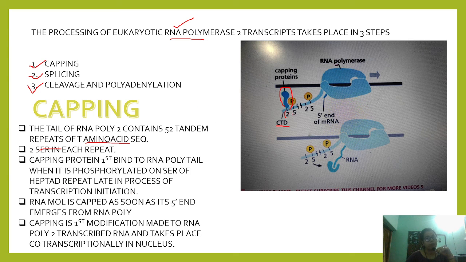After the CTD region is phosphorylated at the fifth serine position, you can see the phosphate written, this capping protein is added and the transcription initiation begins. The RNA is capped as soon as the 5' end emerges from the RNA polymerase.